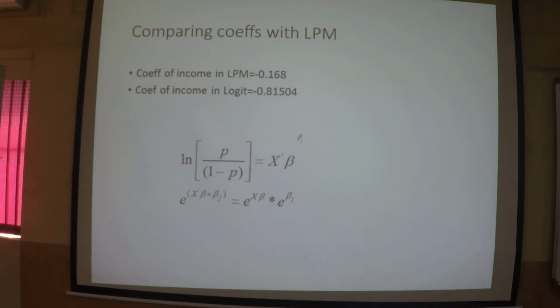So the important idea is, if beta increases by some amount beta j, then that is equivalent to scaling the odds ratio, multiplying the odds ratio by e raised to beta j.